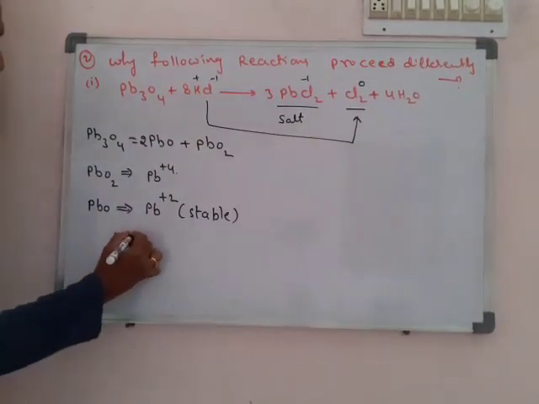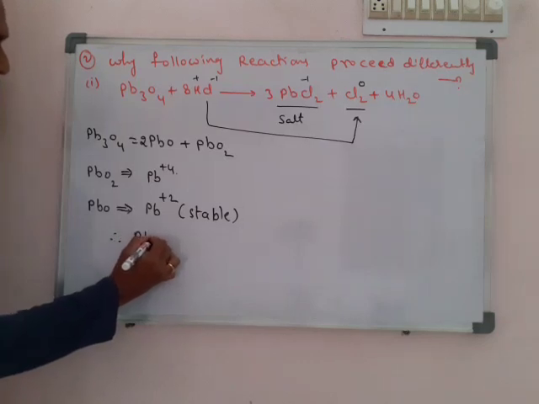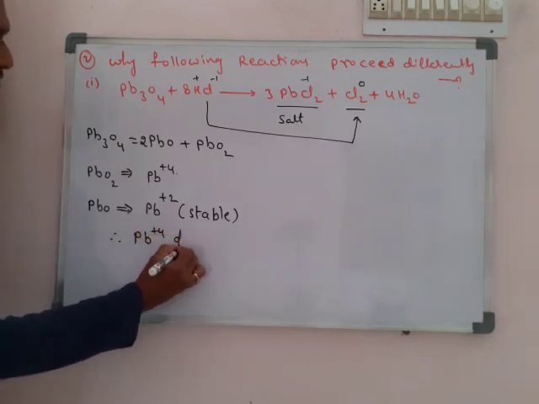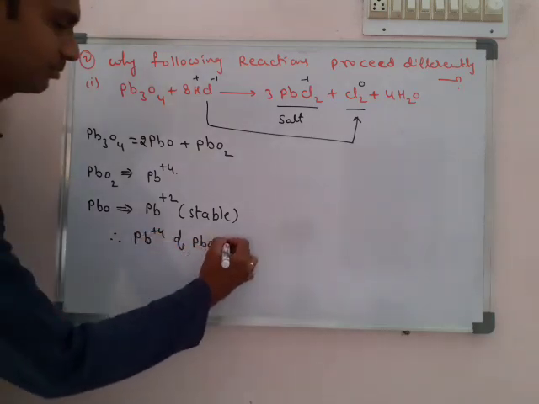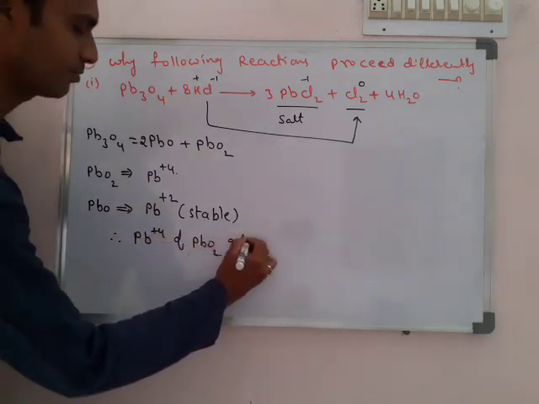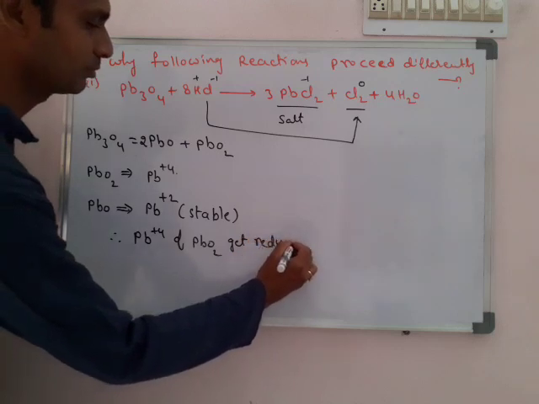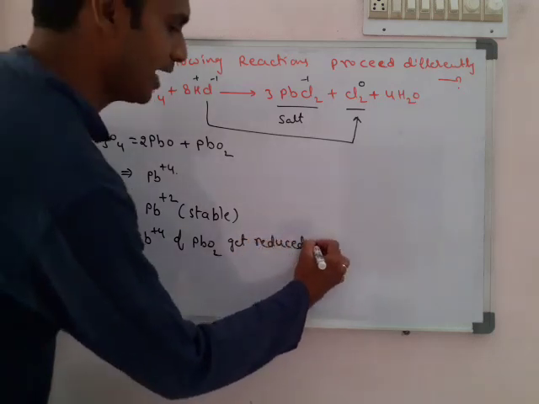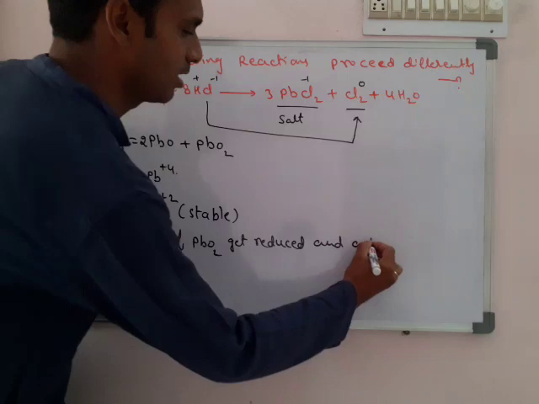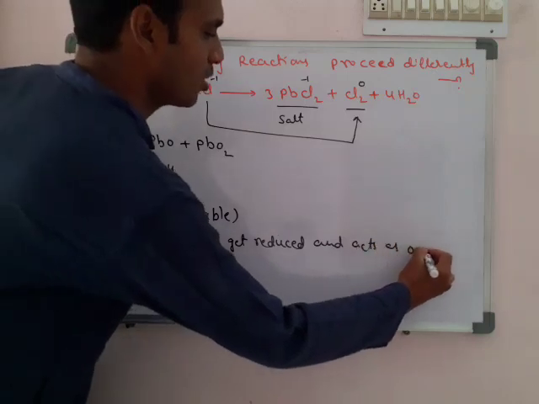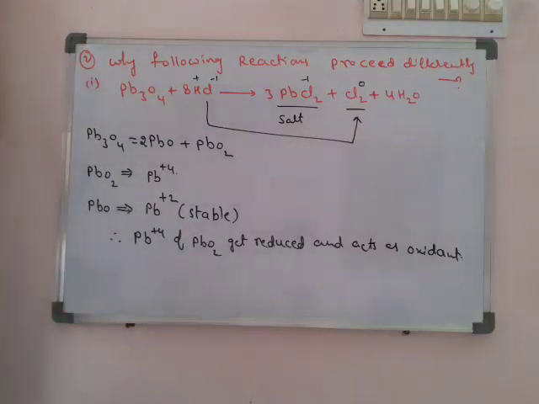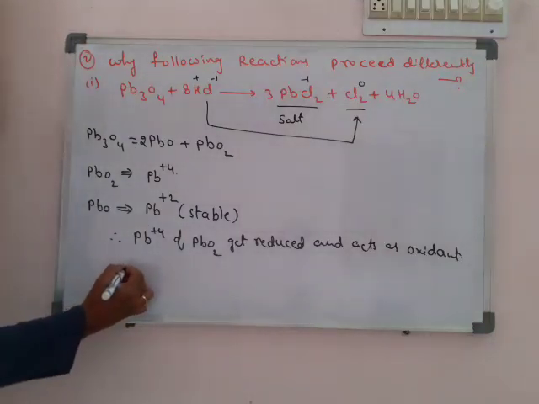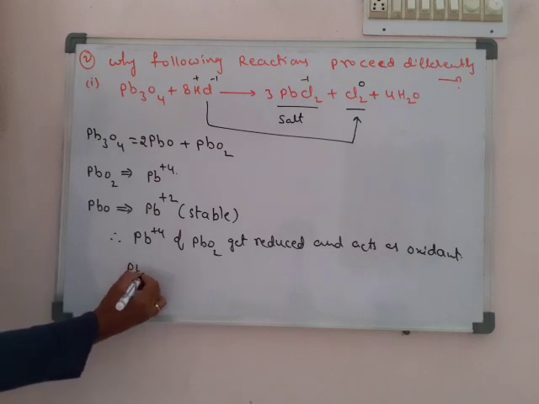So therefore Pb+4 of PbO2 gets reduced and acts as an oxidizing agent, or we can say oxidant. It works as oxidant. So being an oxidant, what does it oxidize here?